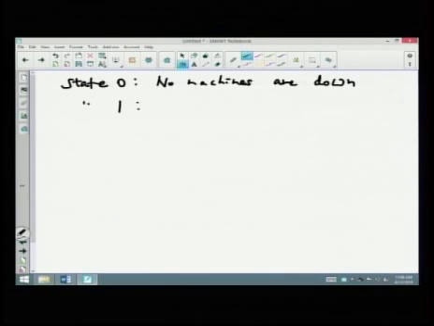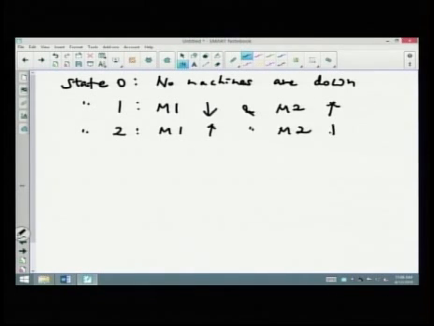And state 1, let's say machine number 1 is down and machine number 2 is up. Okay? State number 2, reverse. Machine 1 is up and machine 2 is down.